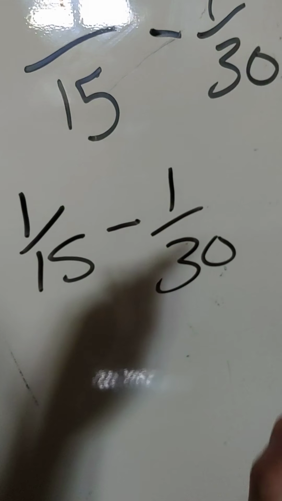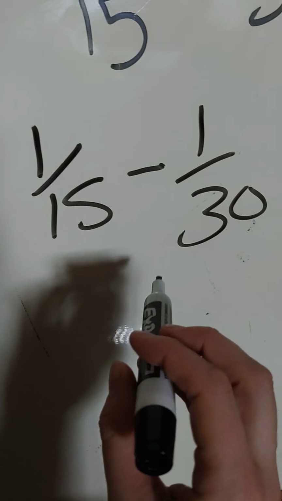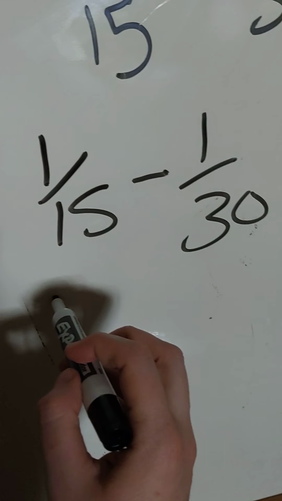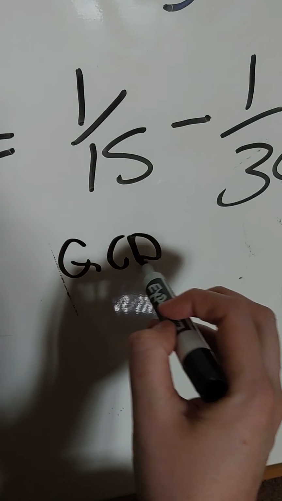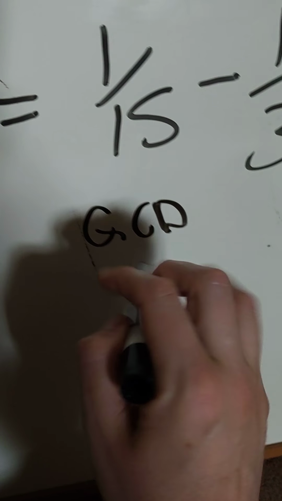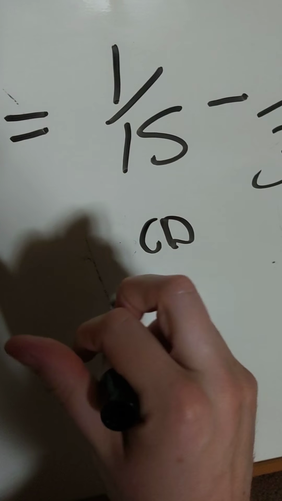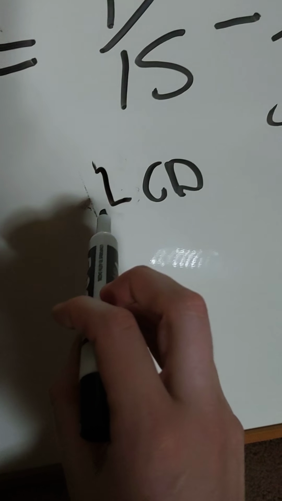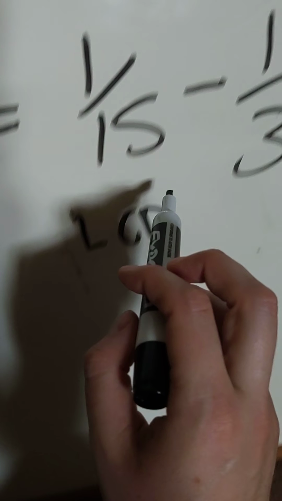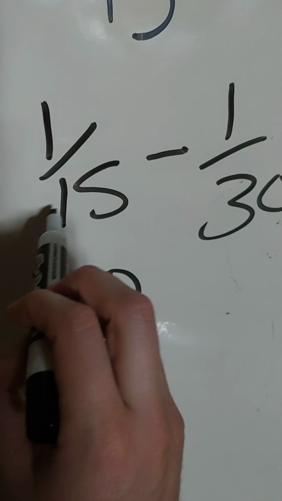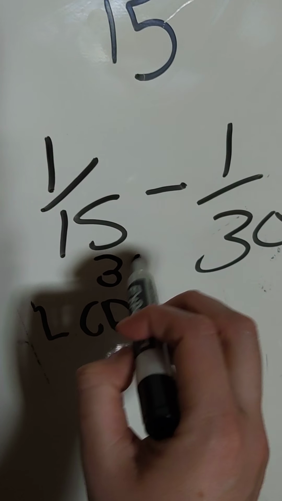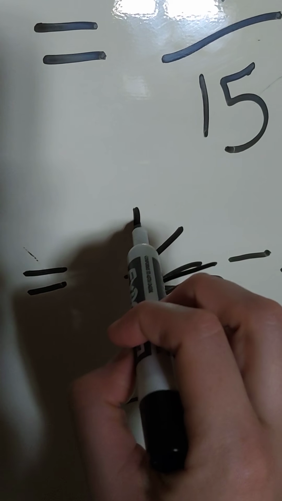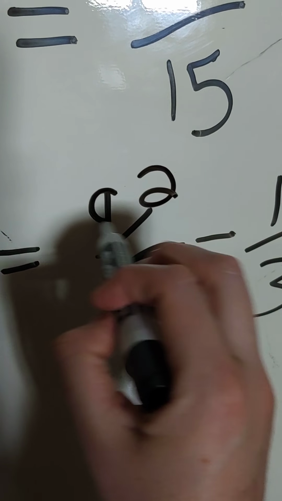For the sake of speed and not having to type in the calculator, I'm going to find the LCD, least common denominator, which is 30. And so 15 times 2 becomes 30. 1 times 2 becomes 2.